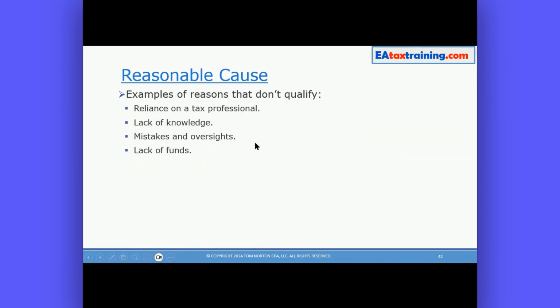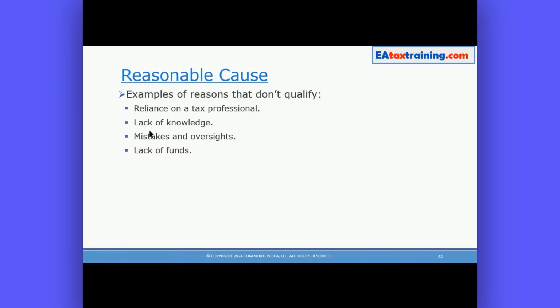There are some reasons, however, that do not qualify. So first of all, reliance on a tax professional. The taxpayer cannot say, hey, I thought my tax preparer was going to file that or do that. That is not a reason to get an abatement. Lack of knowledge. So you didn't know about this requirement.